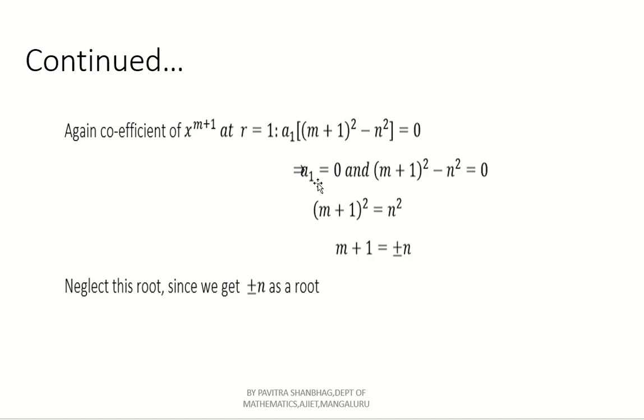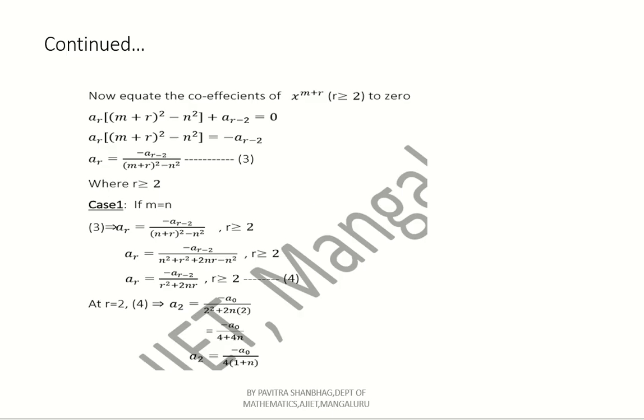So it will start from a2 only, right? To get a2, we have to start from r equal to 2. Now put r equal to 2, then you will get a2.